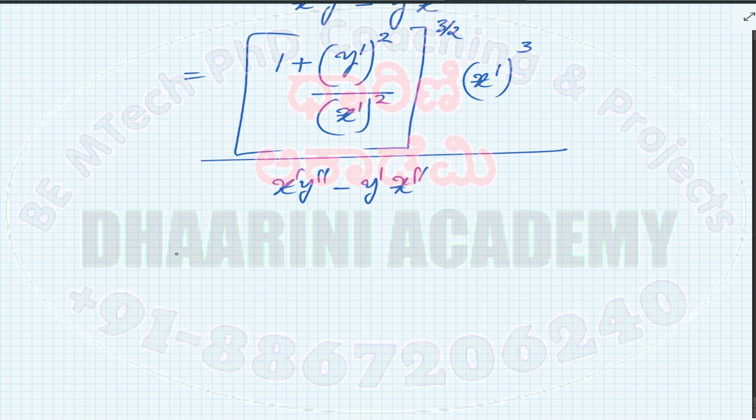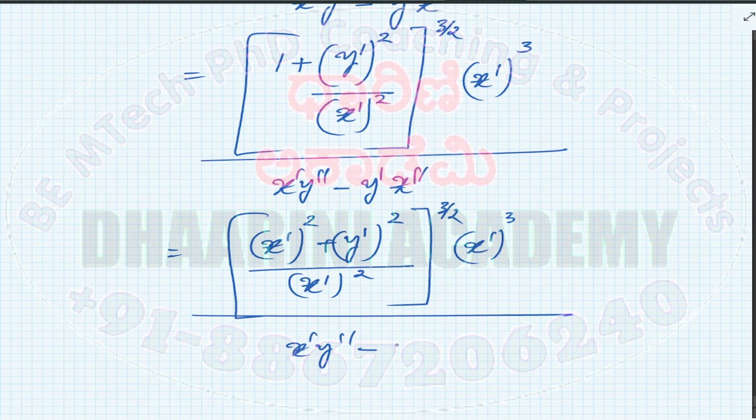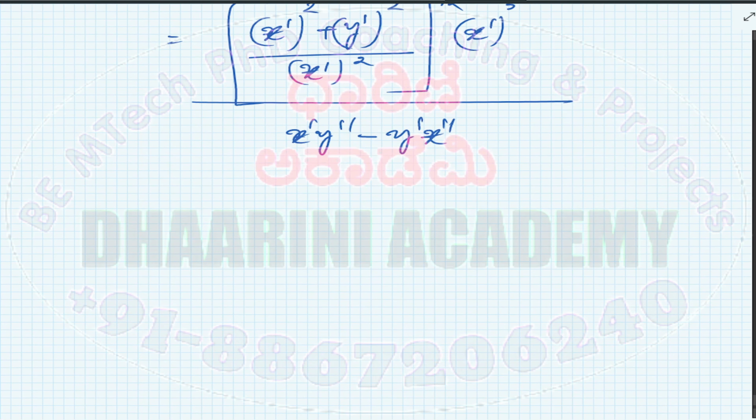Okay, in the next step I'll take the common denominator, that is, this is x dash square plus y dash square whole divided by x dash square. That's what is inside this bracket, whole power 3 by 2 into x dash cube whole divided by x dash y double dash minus y dash x double dash. Okay, now since you have a common denominator, you can split the term.